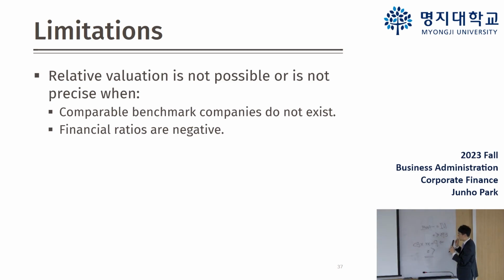A typical example is Coupang, which is a Korean version of Amazon, an e-commerce company. Although it was able to get a positive net income this year, before that it had shown negative net incomes for 3 or 4 consecutive years.